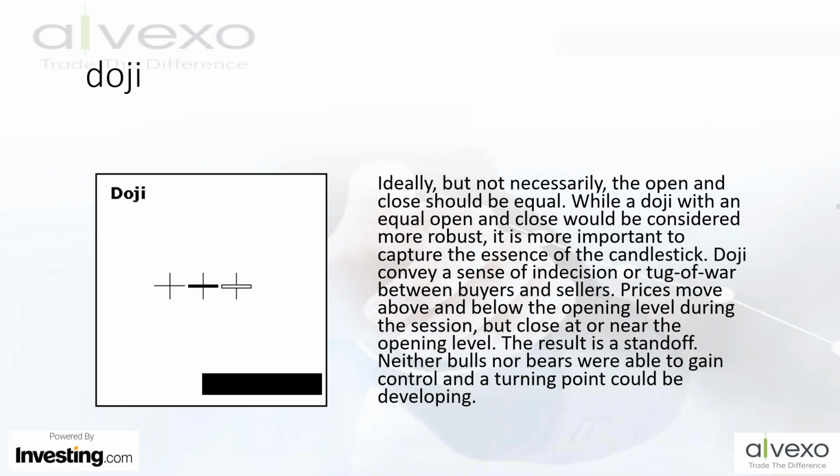Now, back in the old days, when the markets moved very slowly, and especially in the stock market, where prices were moving very small amounts, a doji rule of thumb was that the open and the close had to be exactly the same. So it was just the line. When we apply this to CFD and especially Forex trading, we're trading in very volatile markets with high liquidity, and the price unit in Forex is a pip.